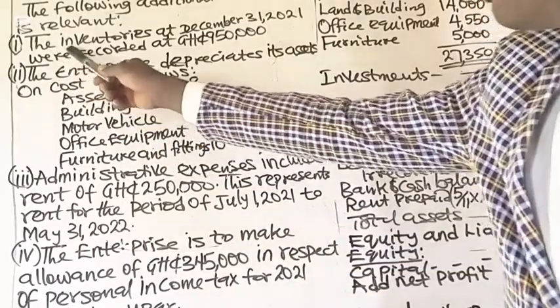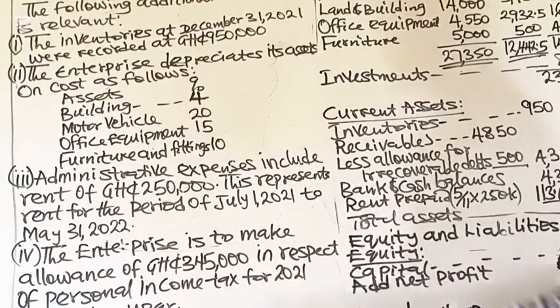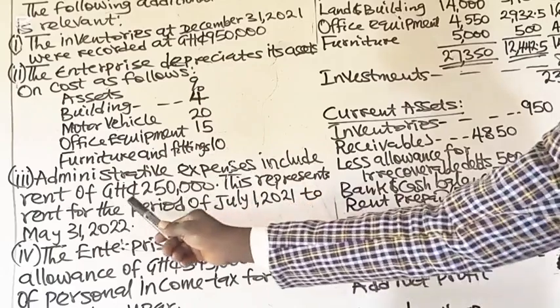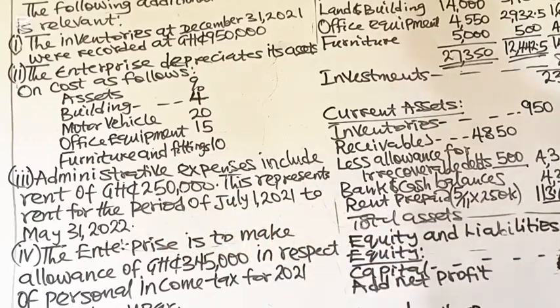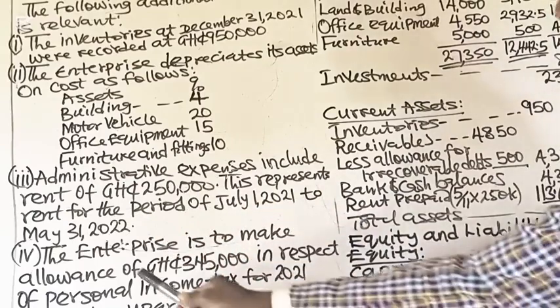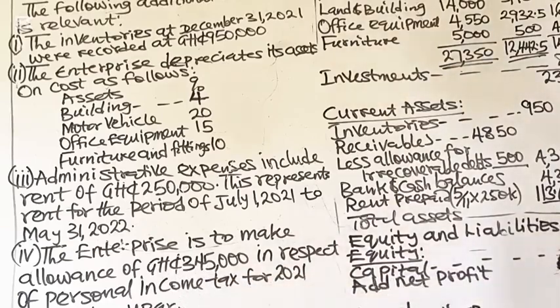In the additional information, the first item is inventory. The second one is depreciation. The third one, administrative expenses, include rent. So we've included the rent paid in advance under current assets. Note 4 for the enterprise is to make allowance of 345,000 in respect of personal income tax.